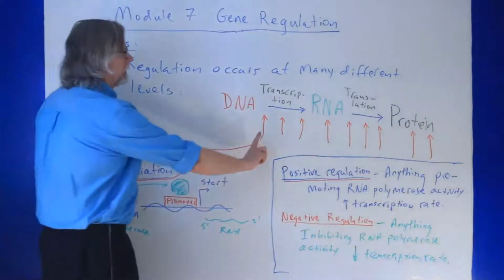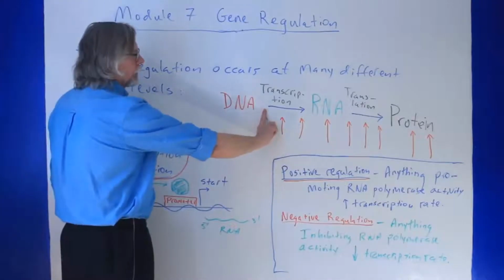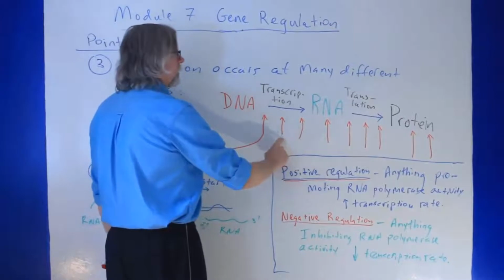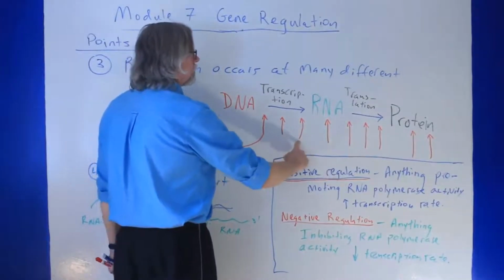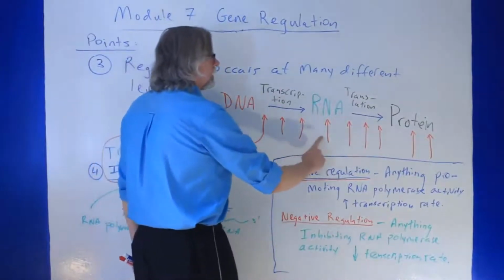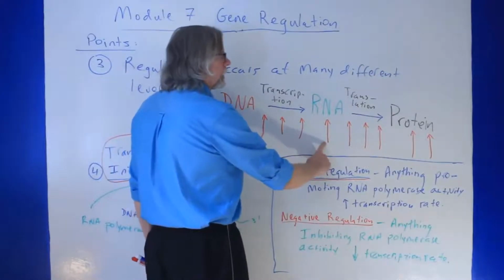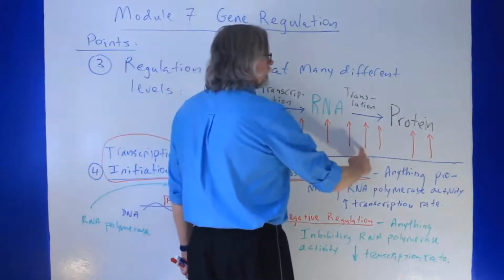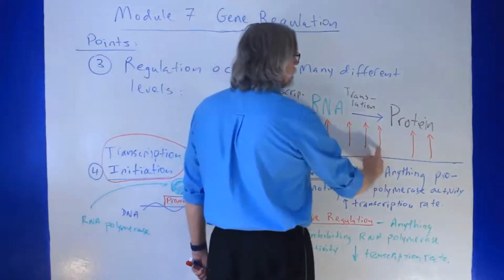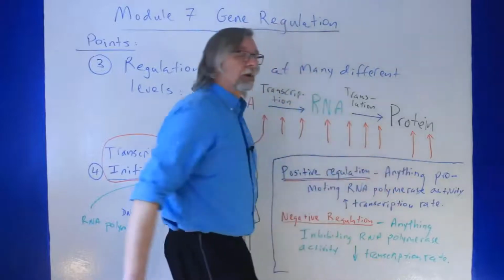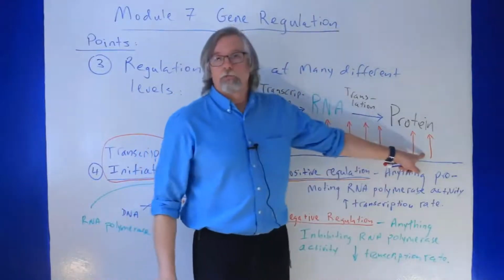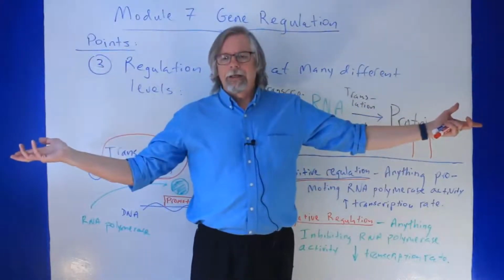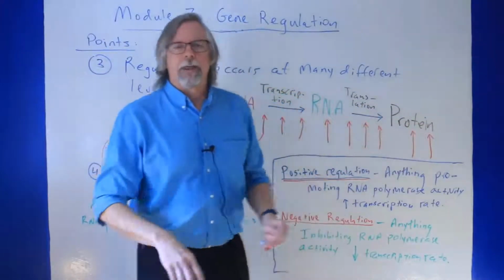Regulation can occur at all of these steps: initiation of transcription, the process of transcription itself, termination of transcription, stability of the RNA, initiation of translation, progression of translation, termination of translation, stability of protein, and even modification of protein. So it's a huge topic, and I'm going to choose one part of that.